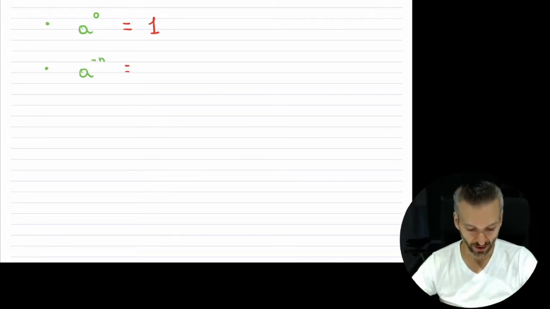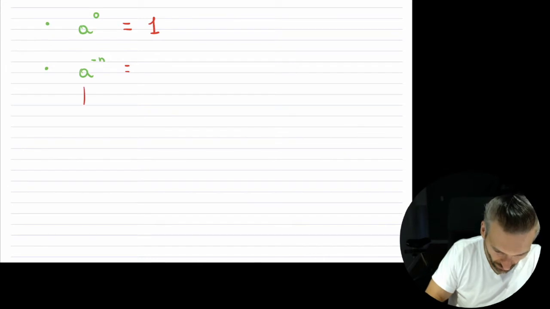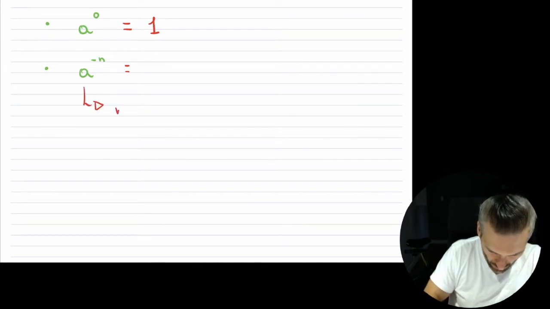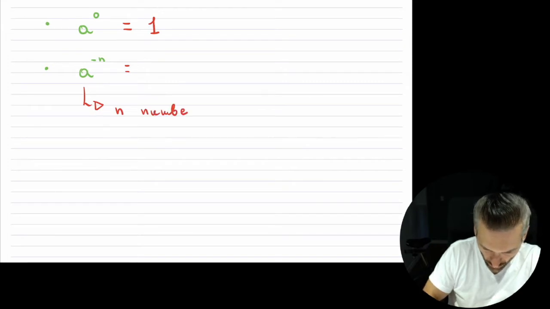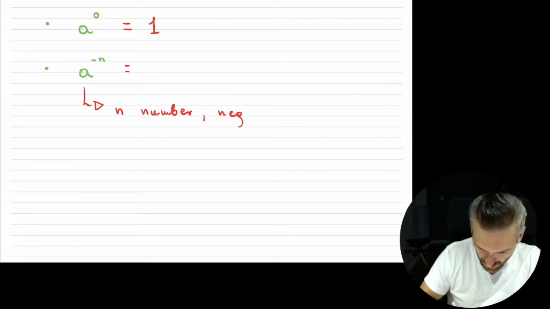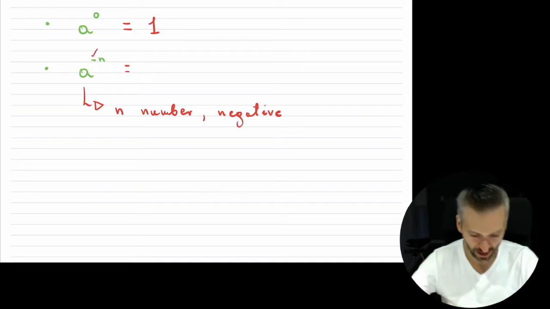I'm not going to discuss it here, and maybe I'll put another link above for when those exponents are 0. Now, what happens when the exponent is a negative number? Here, n is some number, and we're making it negative because of the negative symbol in there.